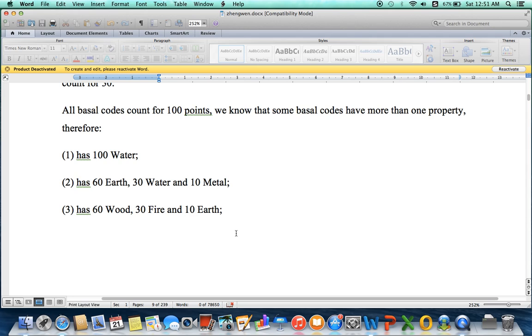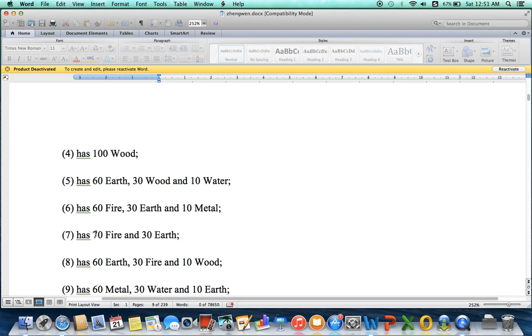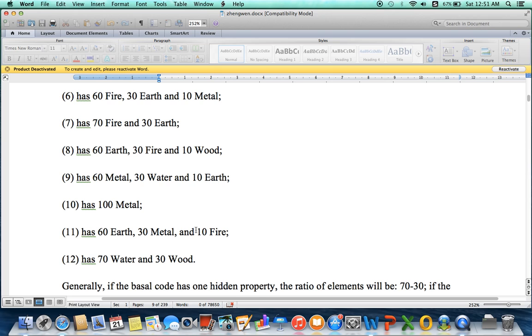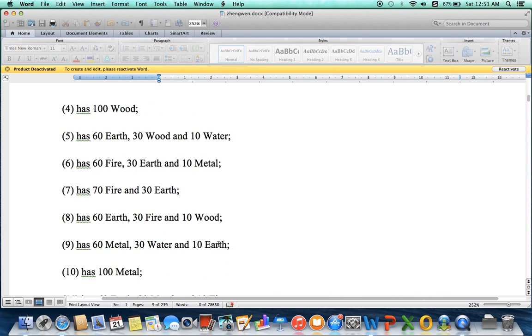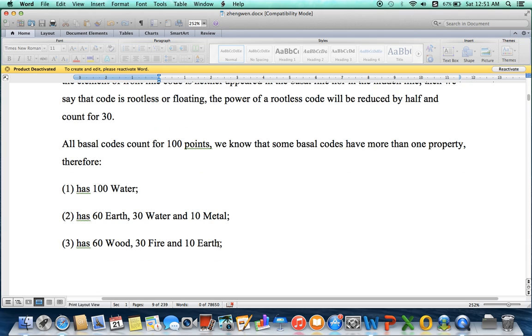And if a basal code has two properties, let's say 7 and 12, then the order will be 70 and 30. So why did I show you the power level of all the code?